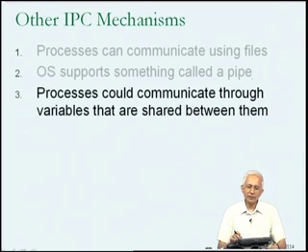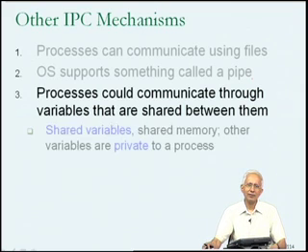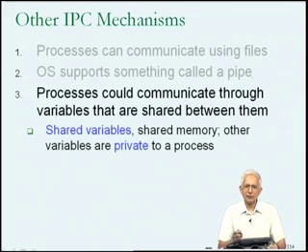Now there are several other ideas. Now one of them, strangely enough, is that processes could be made to communicate through variables that are shared between them. Now I had explicitly said that this is unlikely to be the kind of thing that can be done, because of the way that we have looked at processes up to now. But let's suppose for the moment that it is possible.